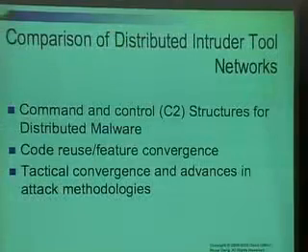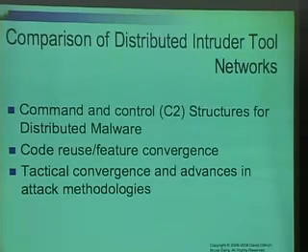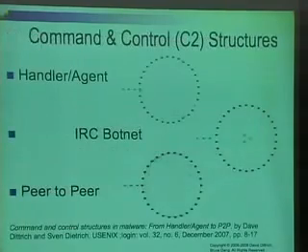You'll see code reuse, and another thing I'm seeing a lot recently is that techniques that are successful are being reverse engineered and then coded into new code. So you'll see multiple different kinds of malware and multiple different groups using the same techniques. There's this convergence of features and tactics, which is making a lot of the attacks today much more structured and much more complex, which requires doing quick reverse engineering, as Bruce was talking about, to deal with it.